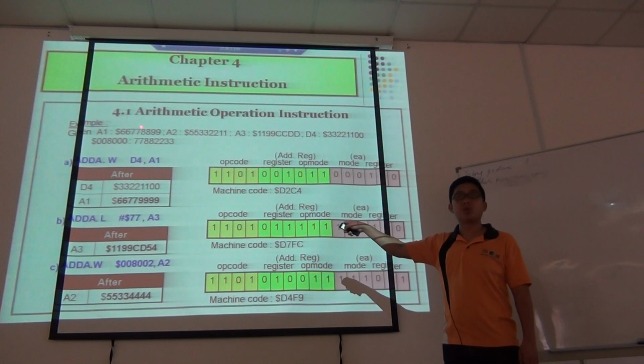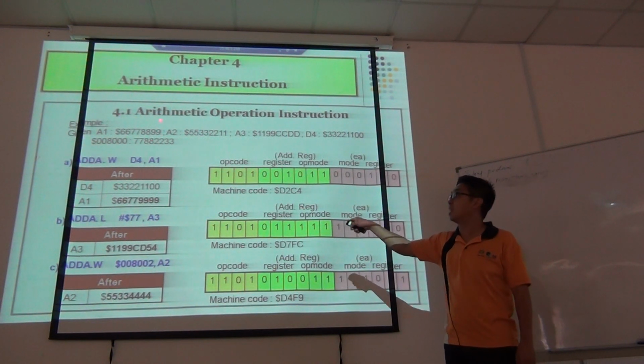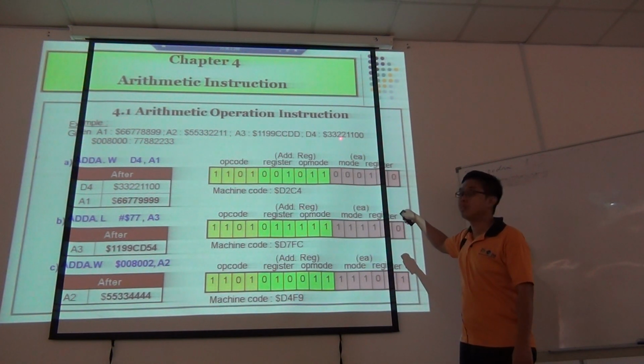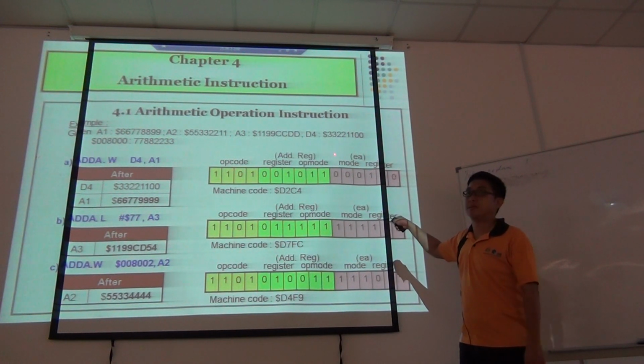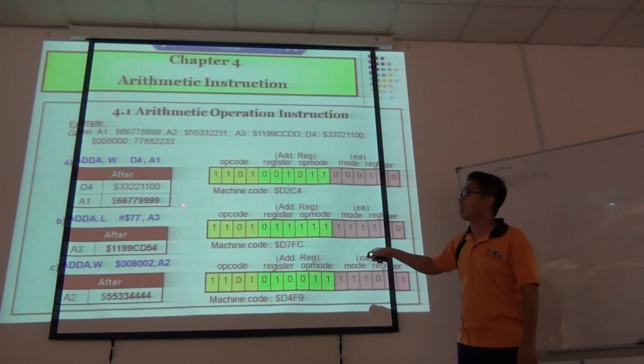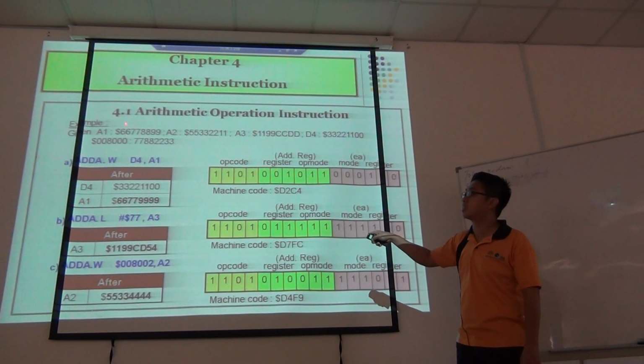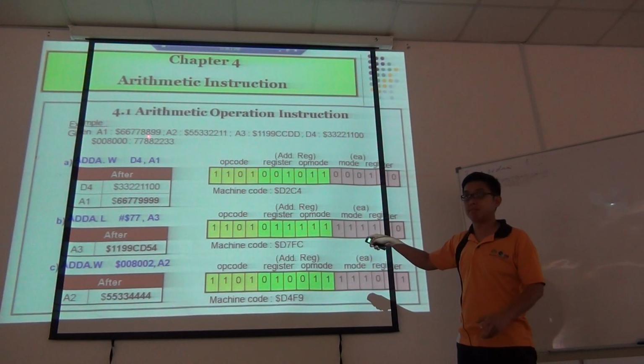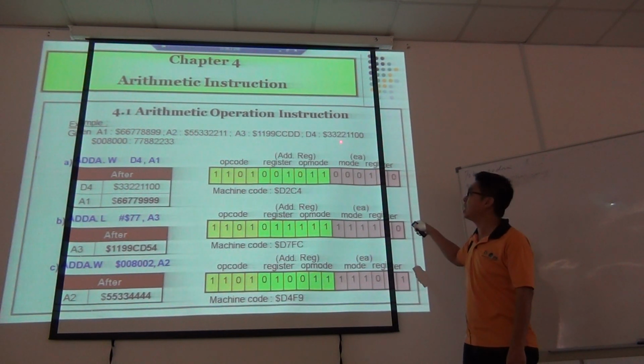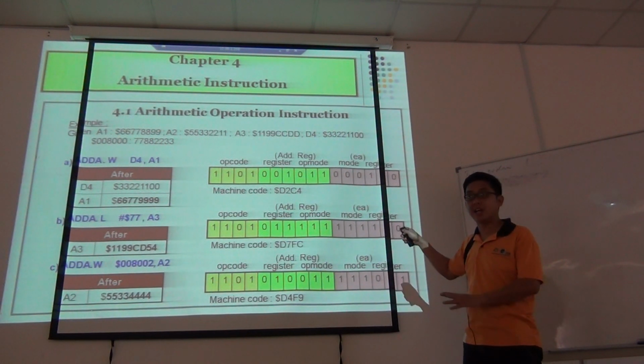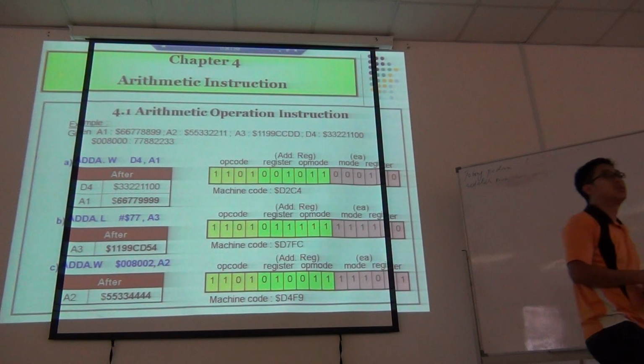So you have to add word size, means that you have to take this number 8899 plus 1100, and you have to update back to A1. So the contents for A1 all must be back to 6677. The last 4 is updated. The value will be 9999. So write your code. Correct?